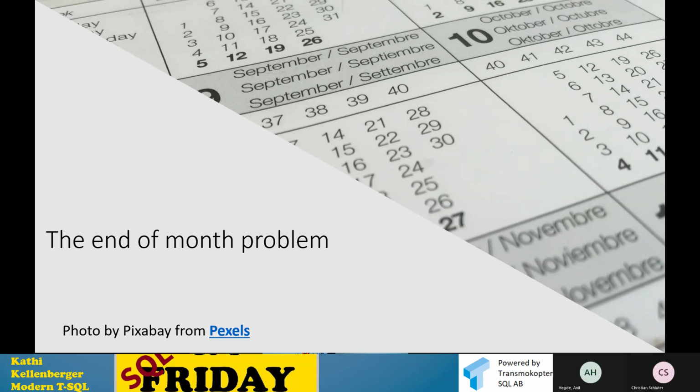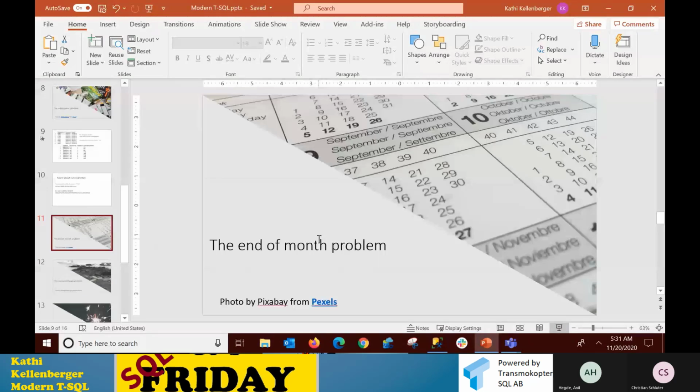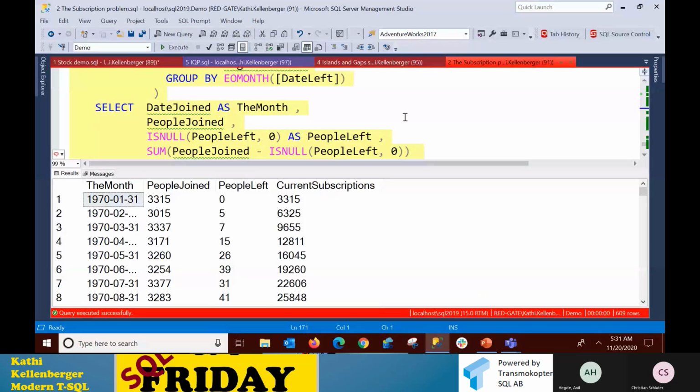Now I'm forgetting which version of SQL Server gave us this function called EOMONTH. I think that was 2012 as well. There were 2012 features in there.